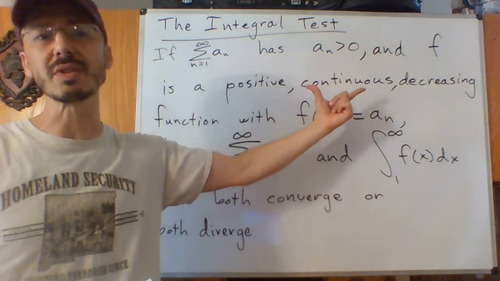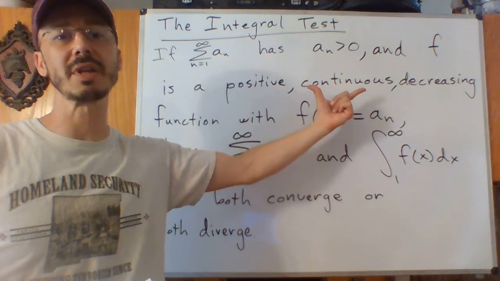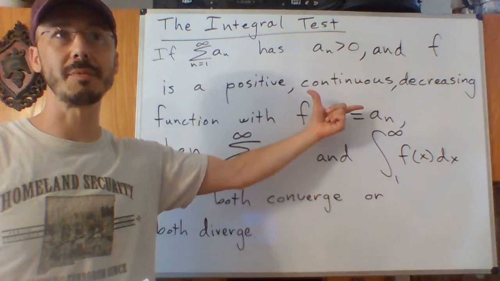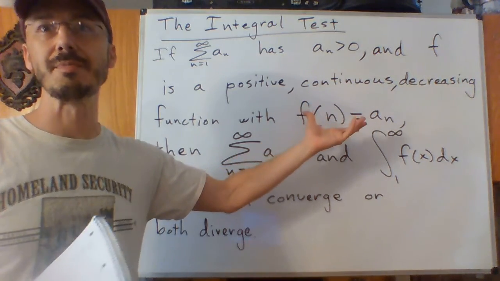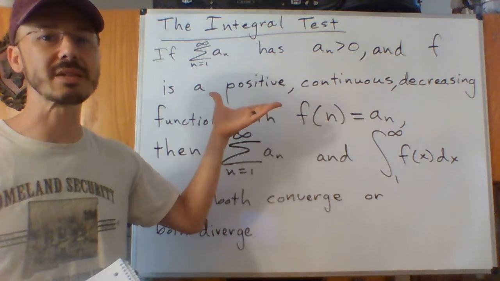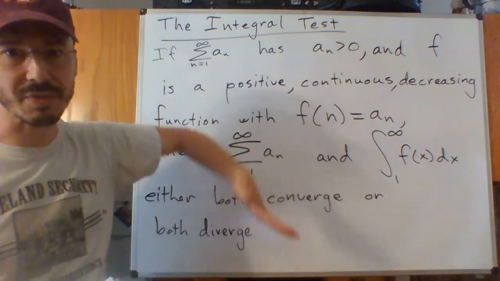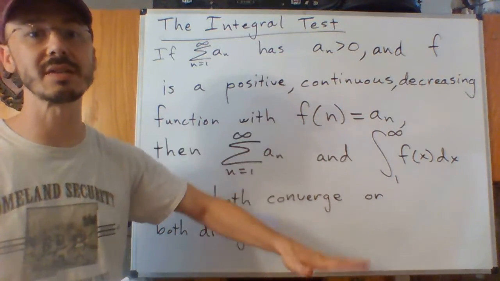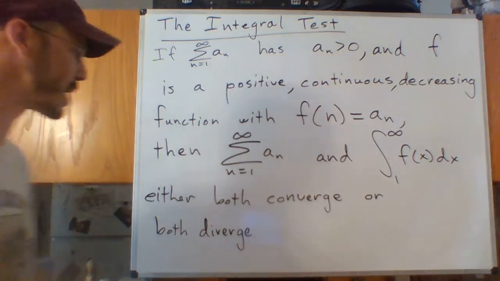A continuous function is usually not hard to get by replacing the variable n with the variable x. You have to watch out, I guess, for asymptotes in a rational function or something. And then positive, well, we're going to have to get more sophisticated techniques to look at series when they oscillate between positive and negative. For now, though, we're looking at positive mostly.